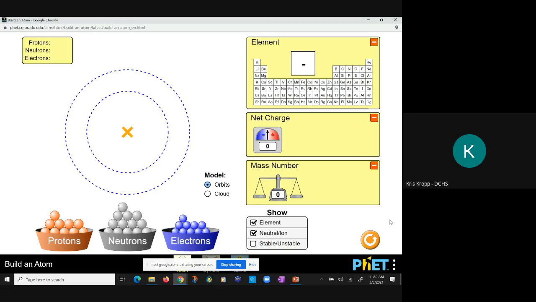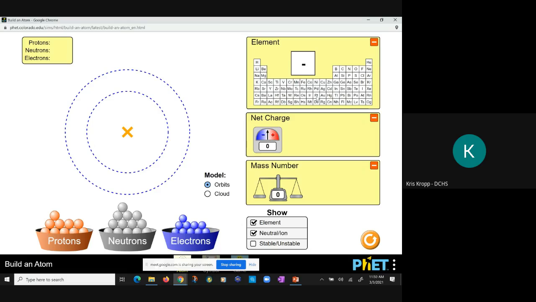So let me just walk you through the picture here on the screen. Notice in the upper left-hand corner, protons, neutrons, and electrons. It's just going to be a place for us to keep track of what's in the atom, because as we put lots and lots of protons, neutrons, and electrons in here, it's going to be a little bit harder to keep track of how many there are. So you'll be able to see that very clearly up here. You'll be able to count them easily. Okay, over in the upper right-hand corner, we've got a little tiny picture of the periodic table. Of course, it just has the symbol in it.